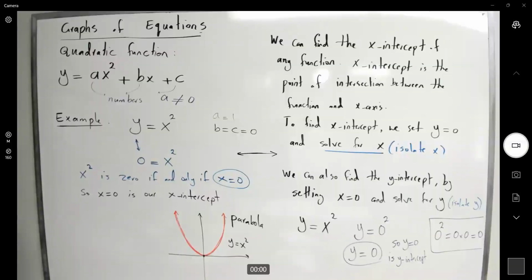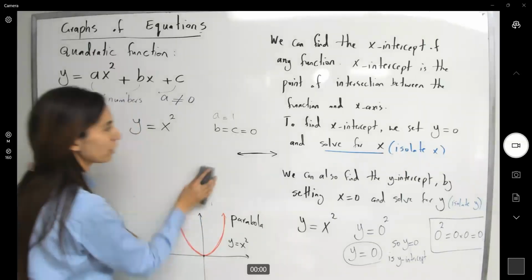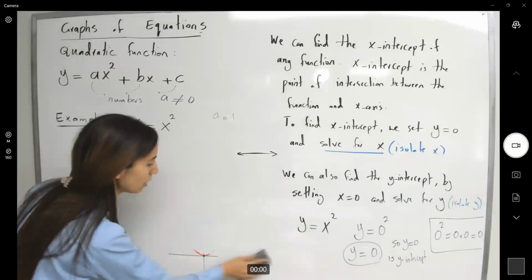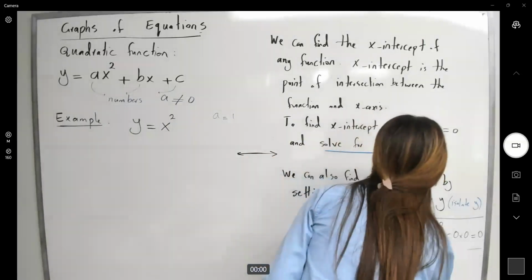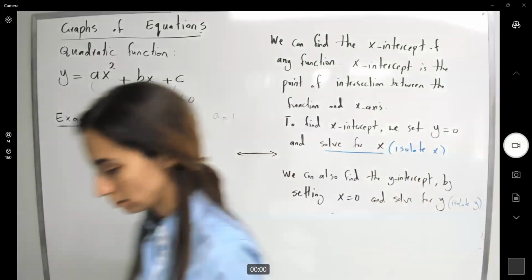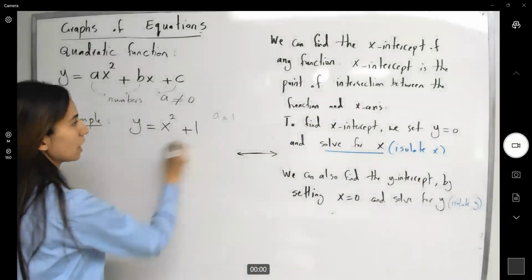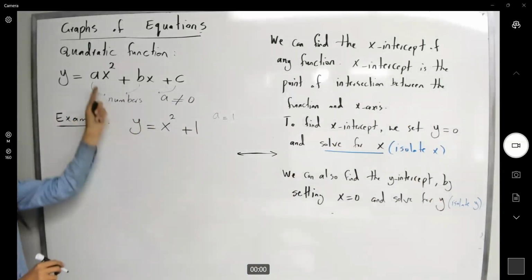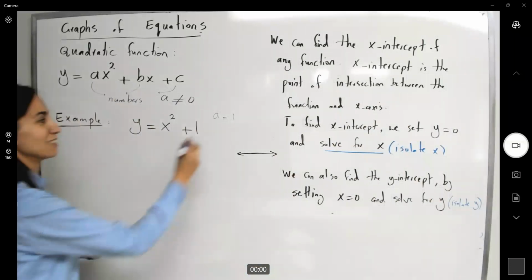Very well. So now I'm changing my function into x squared plus 1. As you can see, your a, or the leading coefficient, is 1. Your b is equal to 0, but c is equal to 1.